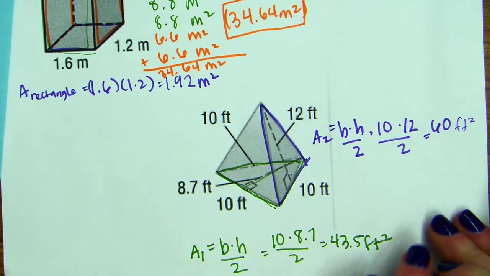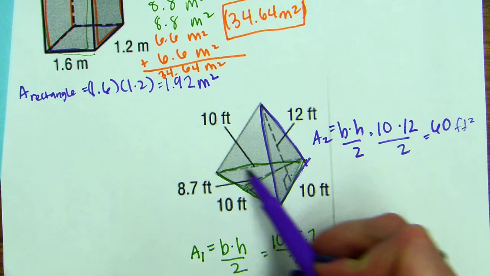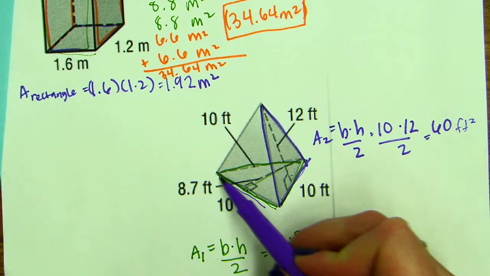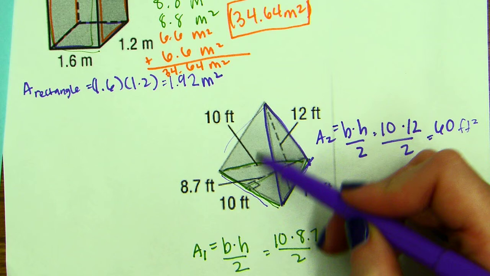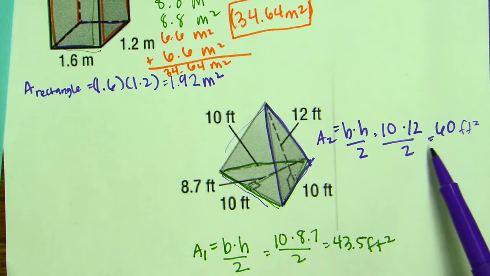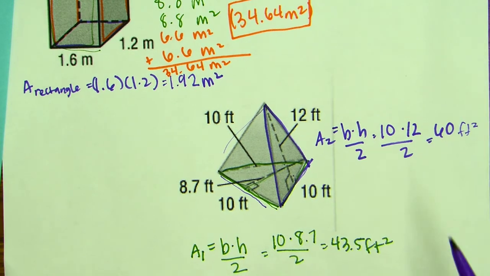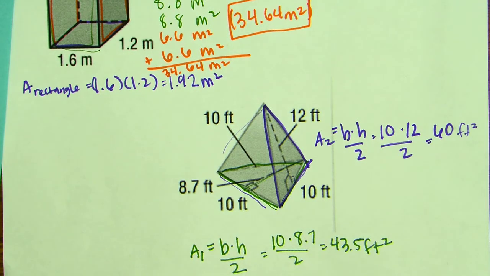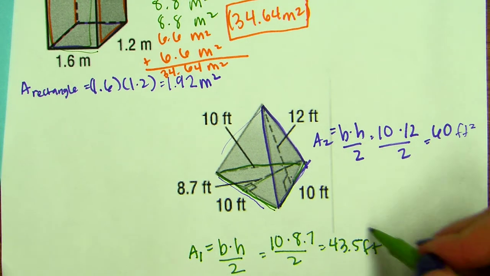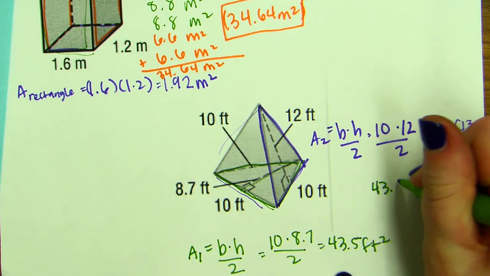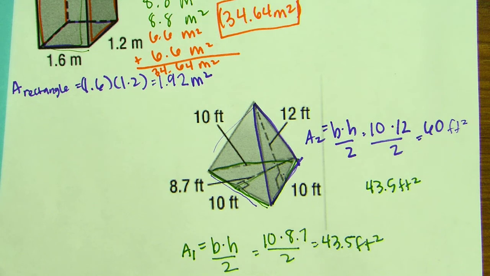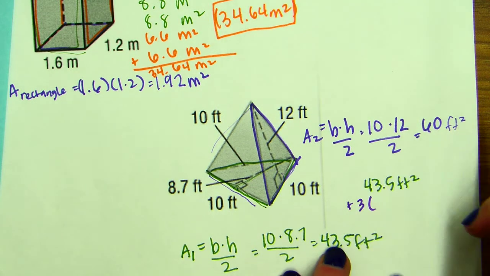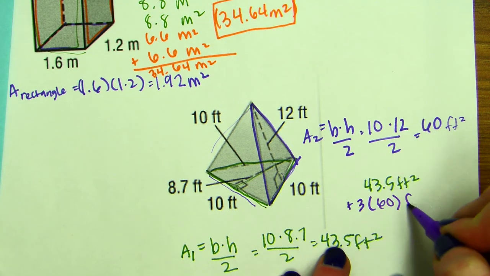Now I'm going to double check, and I'm going to look and see the bases of all these triangles, this one here, and this one on the back. Those are all 10 feet, and the heights of all of them are 12 feet. So I have 3 sides that are the same as this 60 square feet. So when I find the total surface area of this pyramid, I have one side that's 43.5 square feet, but I have 3 sides, so I'm going to add 3 times the 60 square feet.